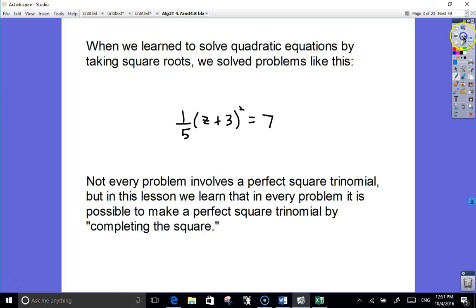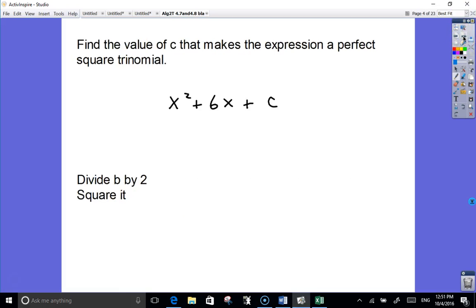It's two simple steps. So let's say I've got x squared plus 6x. And I want to find a number that I can add to x squared plus 6x that would make that into a perfect square trinomial. So you could think of it like a is 1, b is 6, and c is the number we're looking to fill in.